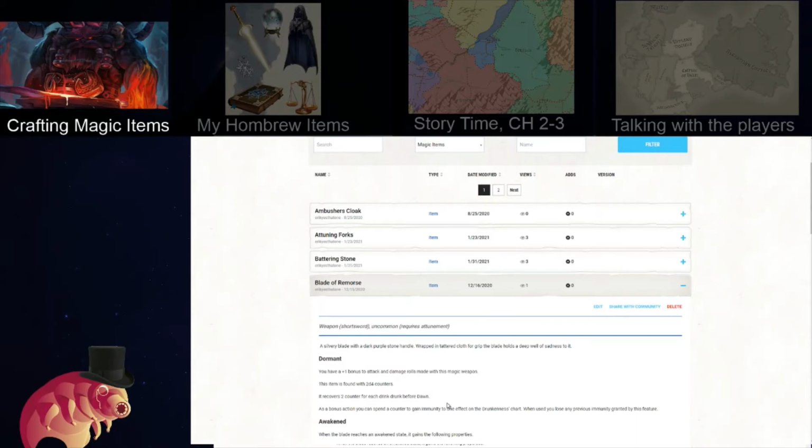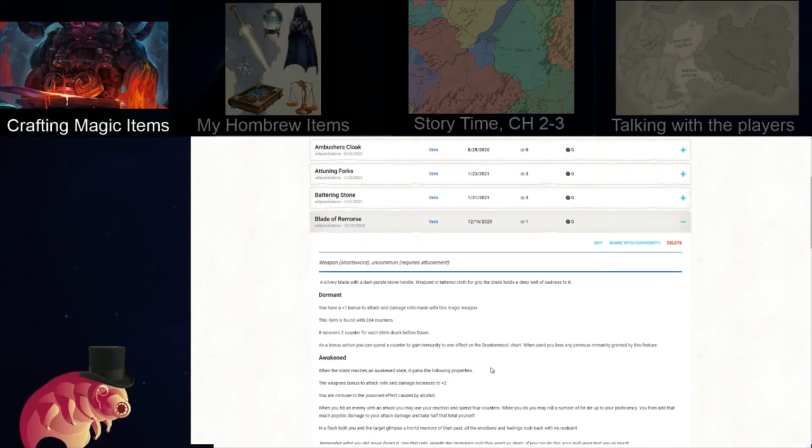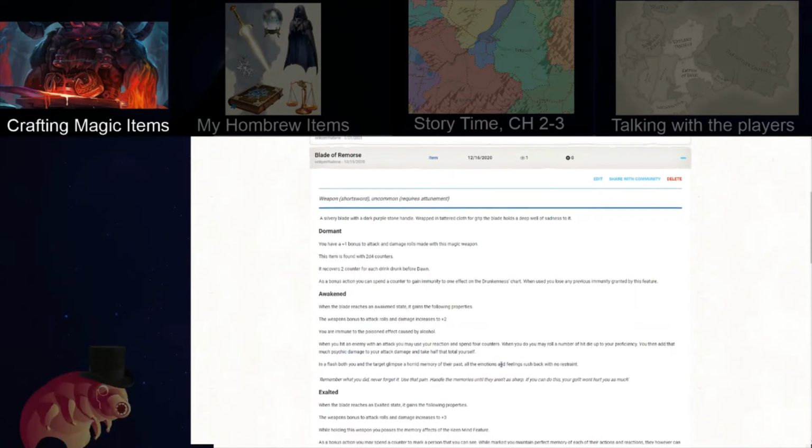So that once you read into its dormant state and see that this weapon is based around drinking and gaining immunity to some effects of being drunk, it starts to paint the image, I believe. Tells the story of what the previous owner or what the maker of this weapon was like, or what they were going through. And that message comes out, I hope, more so as it becomes awakened and then exalted.